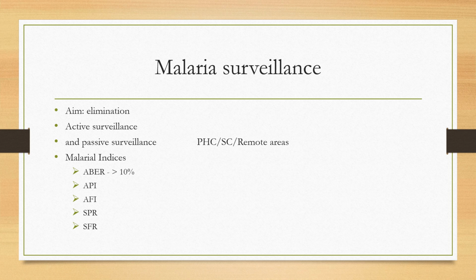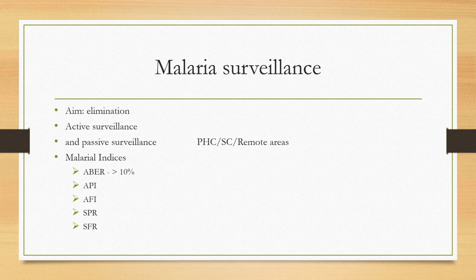If ABER is more than 10%, that means 10 slides for every 1000 people are examined in a year. So ABER is an index of operational efficiency of the program, whether the program is operating effectively or not.